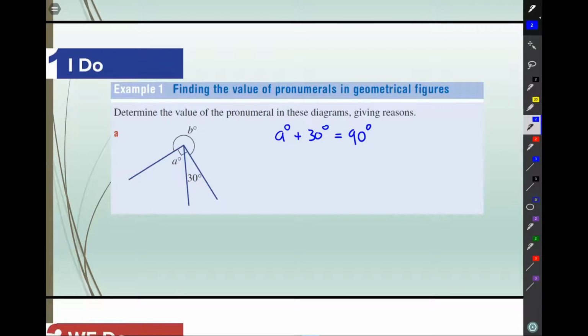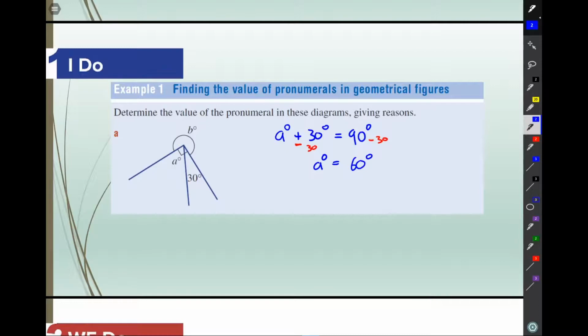Now, if you guys remember back to when we did equations, if we want to find out what just angle A is by itself, we need to do the opposite operation to this 30 and subtract it from both sides. And if we start with 90 and we take away 30, what do we have left? 60 degrees.